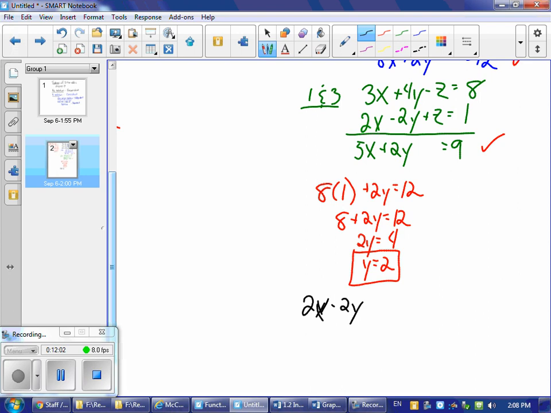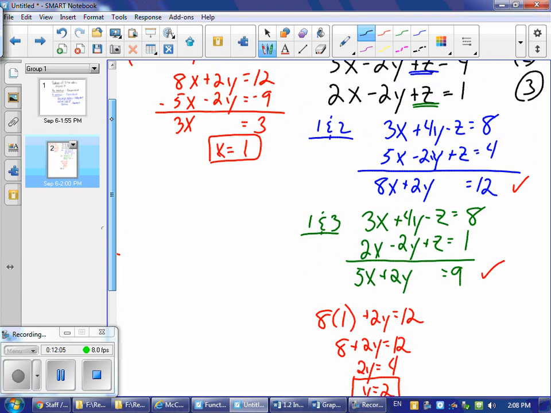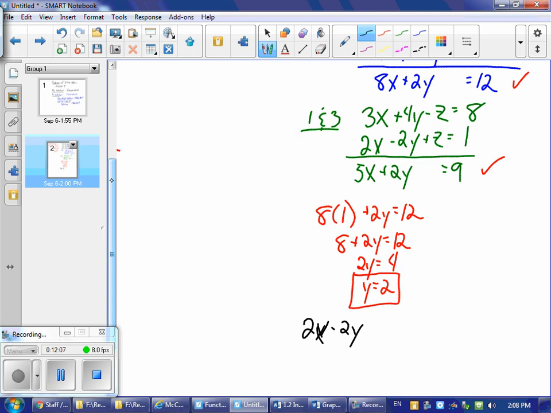Plus z equals 1. Yep. So we're going to plug 1 in for x, 2 in for y, and solve for z.